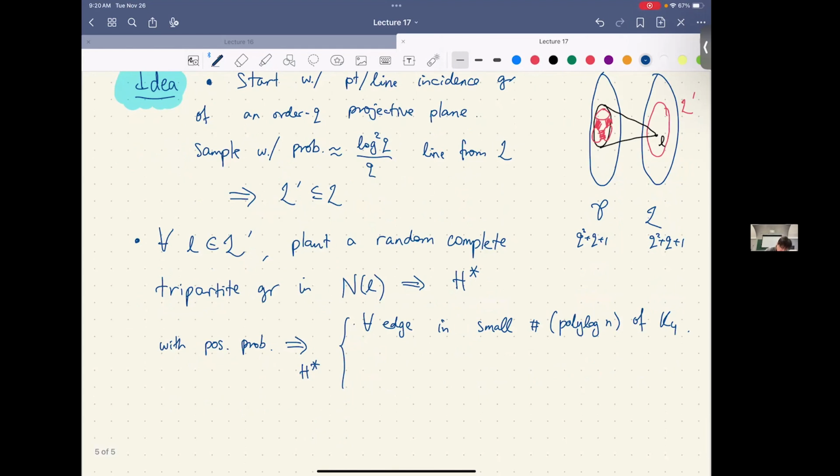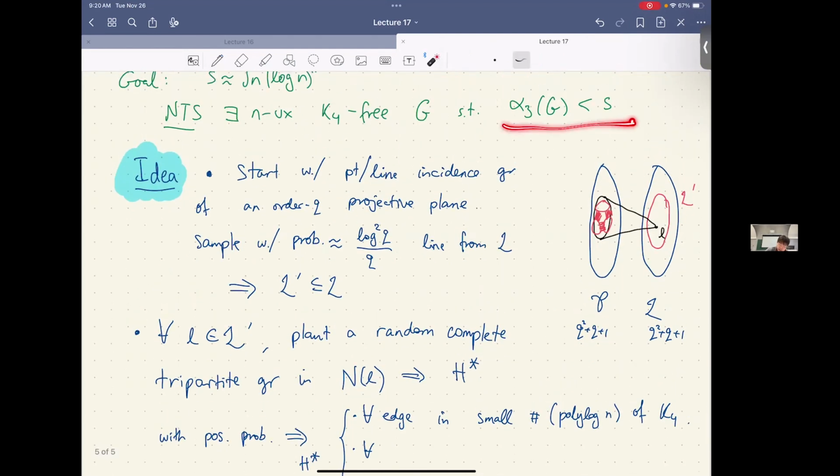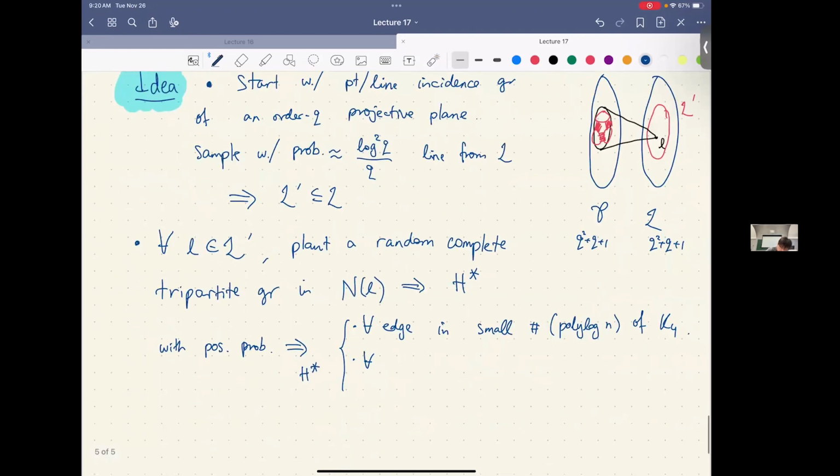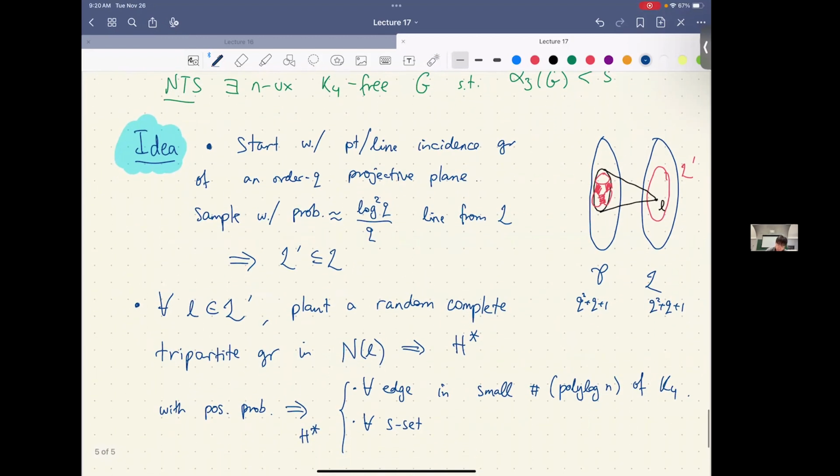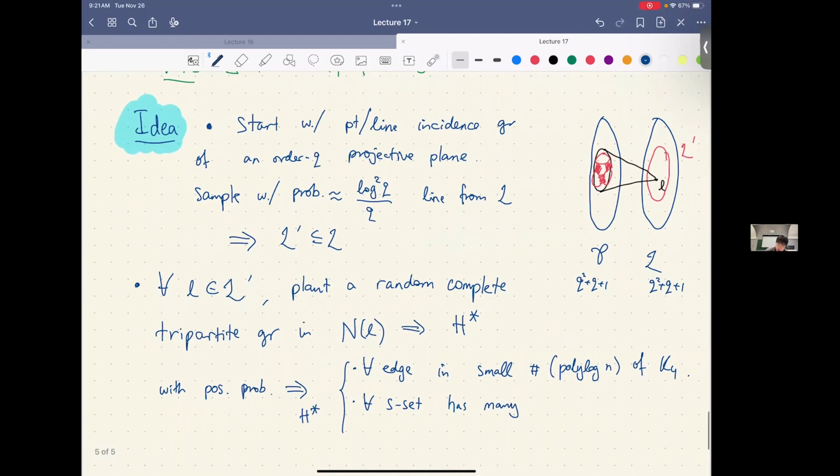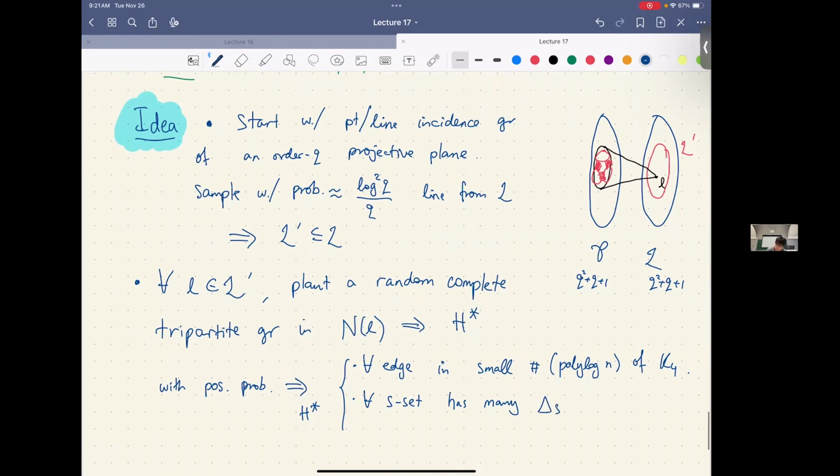The second property is that we want to prove alpha 3 of G to be less than S. So here we can have, for every set of S vertices, many triangles. Many means at least S times some polylog N triangles.